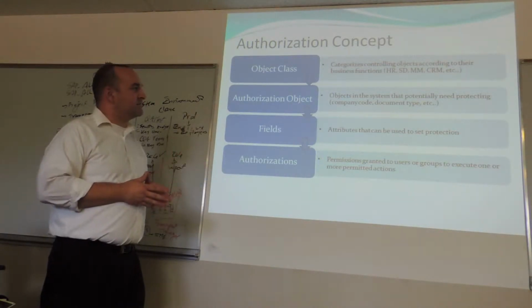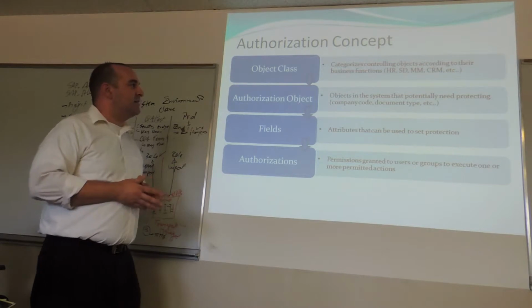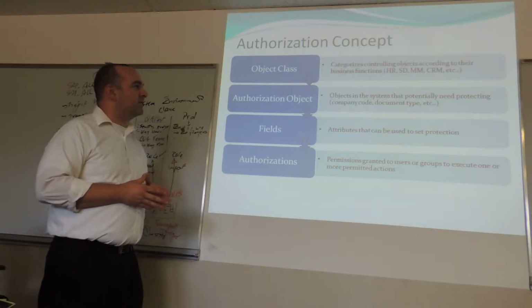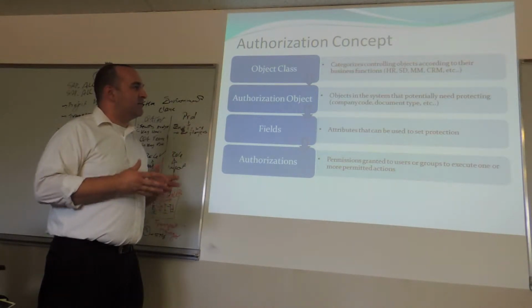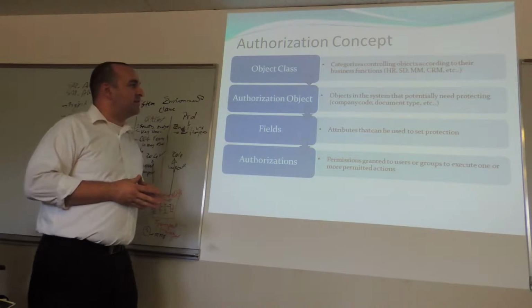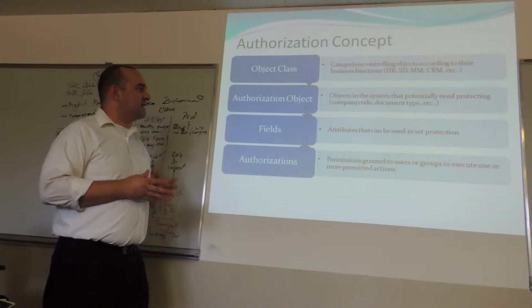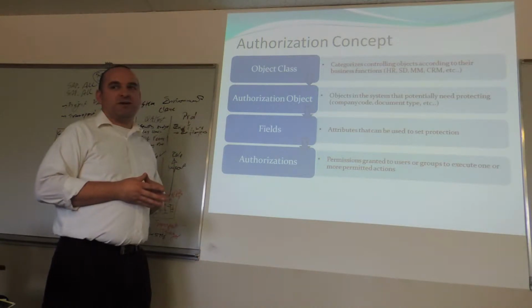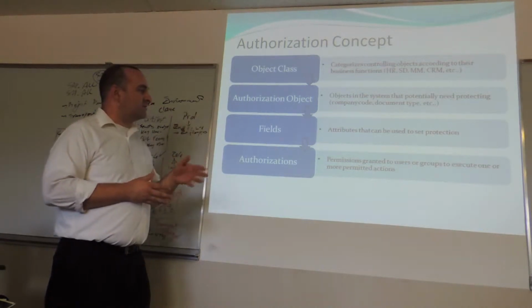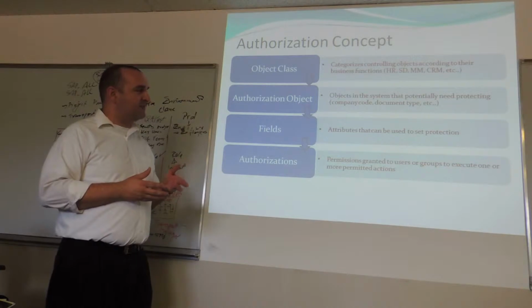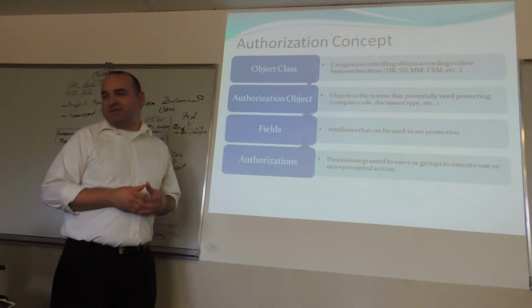Authorization object is objects and systems that potentially need protecting, such as the company code, document types, whatever other type of functions within the object class. Fields are attributes that can be set to certain protection, and your authorizations are the permissions granted to the users or groups to execute one or more permitted actions.